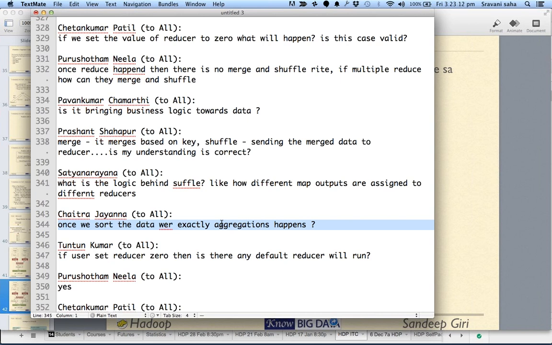This node can be one of the data nodes containing the data, or it could also be a third node which is free at that moment to do the processing. Generally, a node which is free in terms of CPU is assigned to do the reduce. Okay, I hope I got your question.